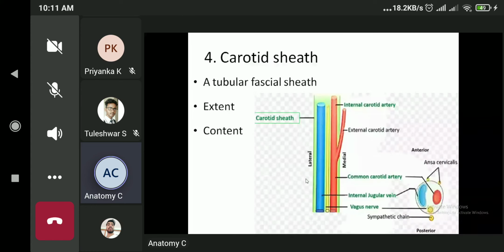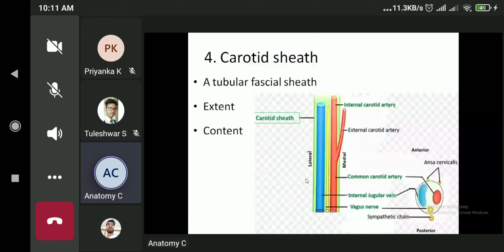The next layer, or the fourth modification of deep cervical fascia, is the carotid sheath. This carotid sheath is a tubular fascial sheath which includes the nerve and blood vessels. So, the fascial compartment formed by this carotid sheath is considered the neurovascular compartment.